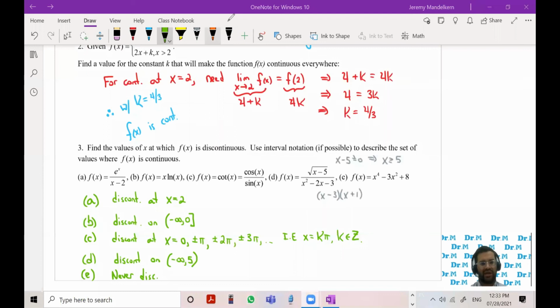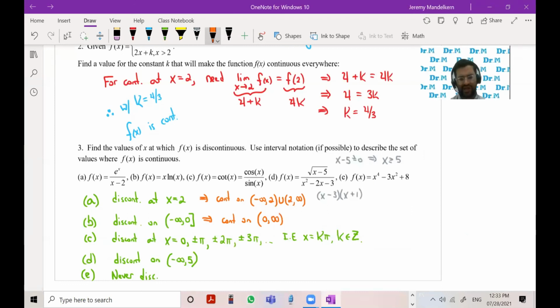We can say that for the case when there was a discontinuity at x is equal to 2, that means we're going to be continuous on the interval from minus infinity up until 2 union the interval from 2 to infinity. Given that we're discontinuous on minus infinity to 0 inclusive, that would mean that here we are continuous on the open interval from 0 to infinity.